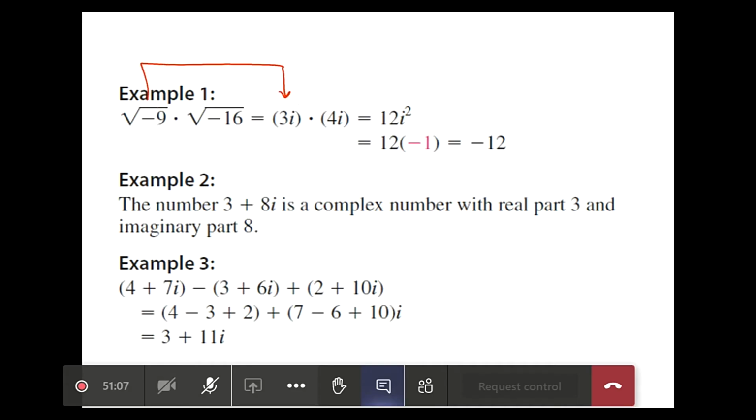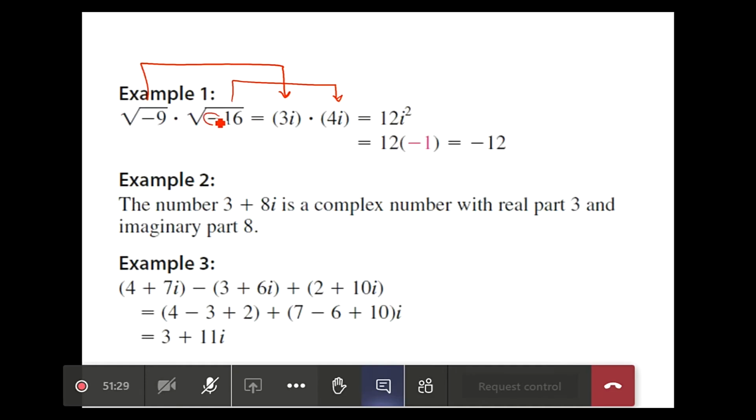Why 3i? Because we have a negative, remove the negative, put i, and radical 9 equals 3. What's the value of the radical of negative 16?